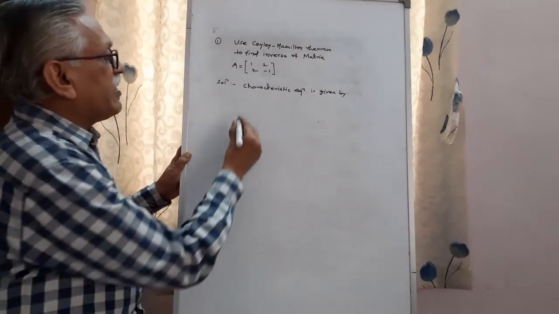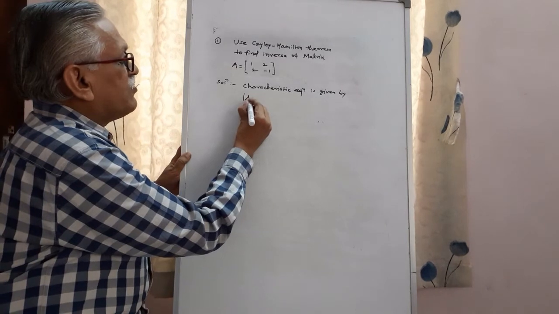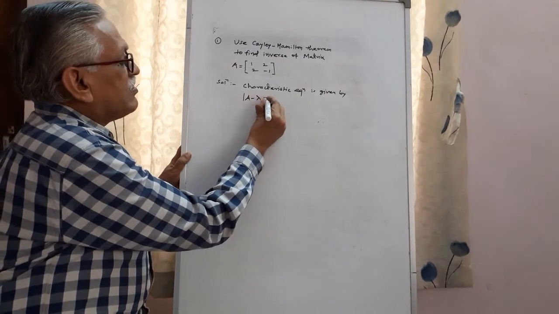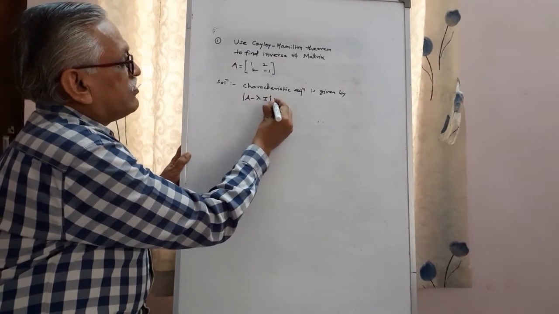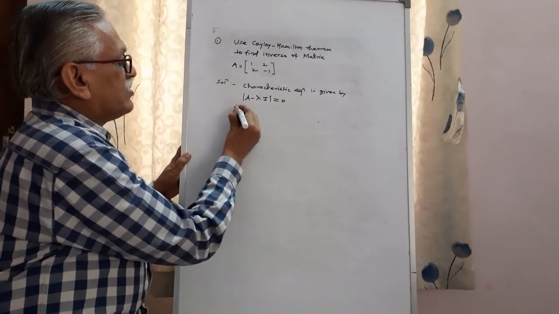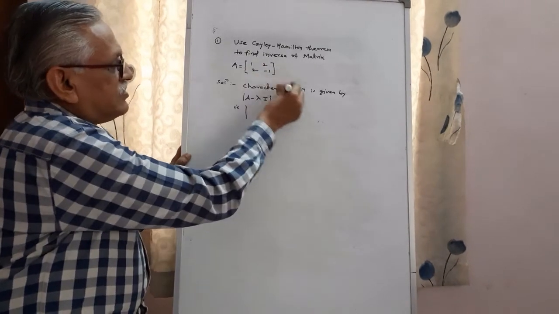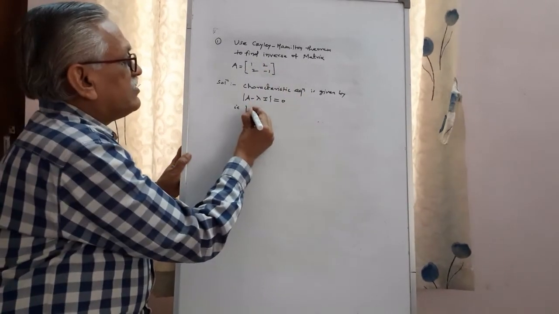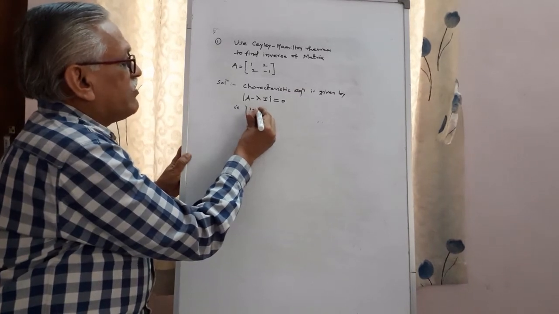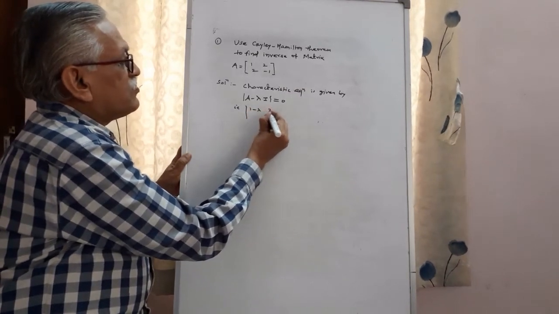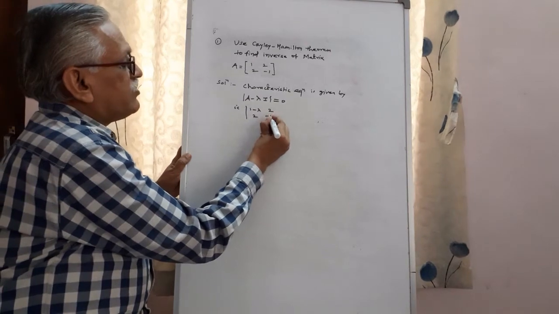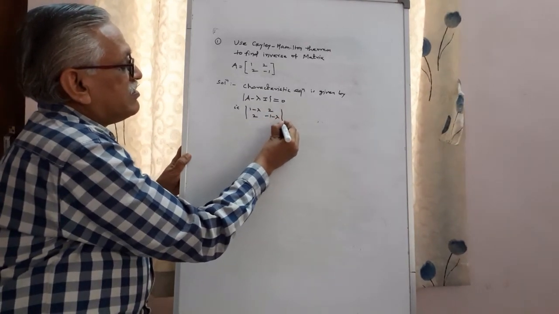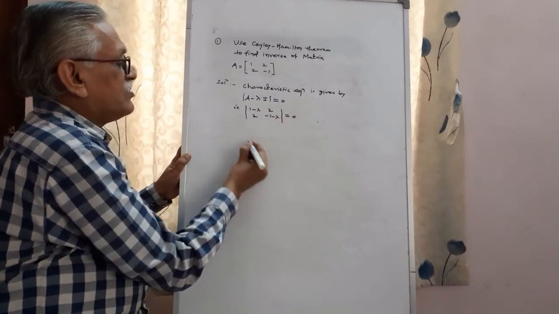The characteristic equation is given by determinant of A minus lambda I equals 0. This is nothing but the determinant after subtracting lambda from the diagonal elements: 1 minus lambda, 2, 2, minus 1 minus lambda, equals 0.